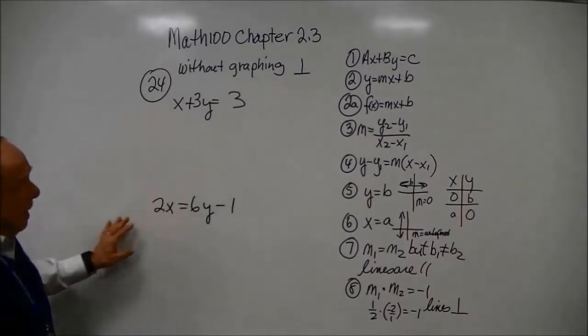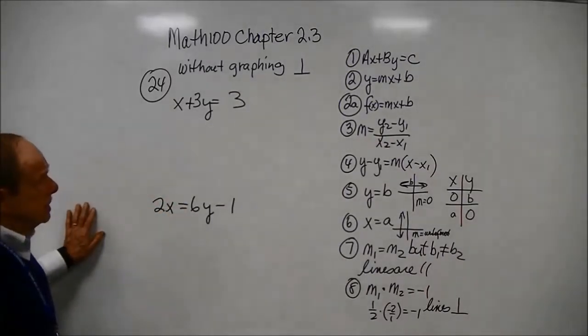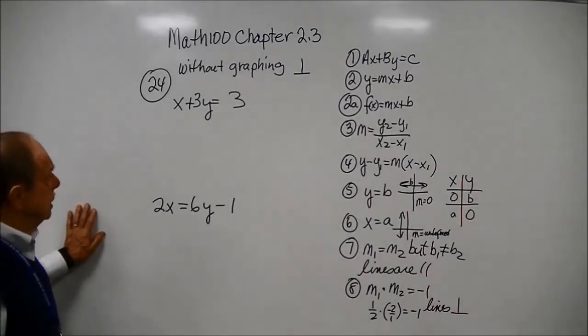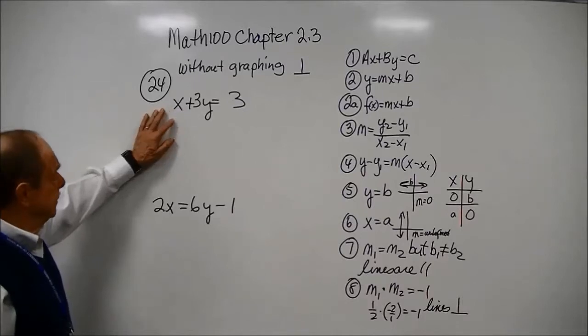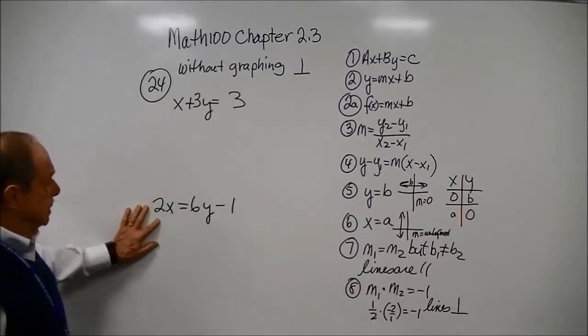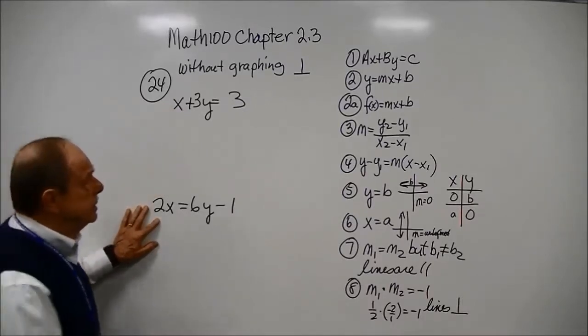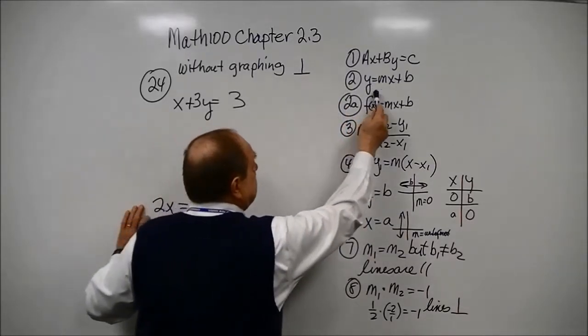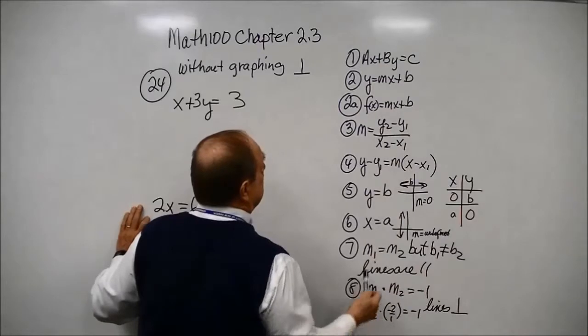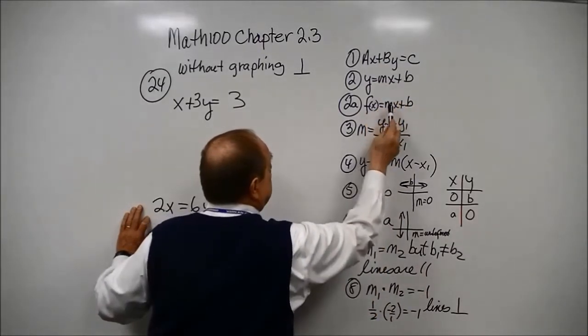So we're not going to graph, but what technique do we know that we can use to find the slope of this equation and then the slope of this equation? And the hint is in equation 2, where it's in slope-intercept form, we want to find the slope.